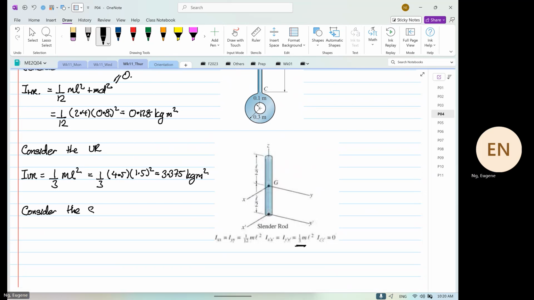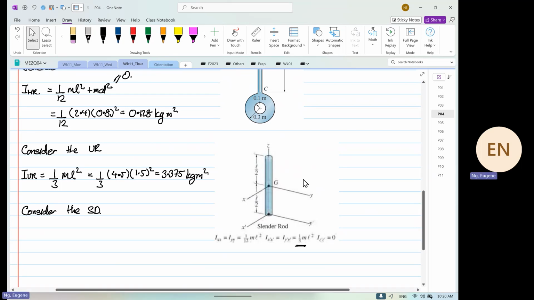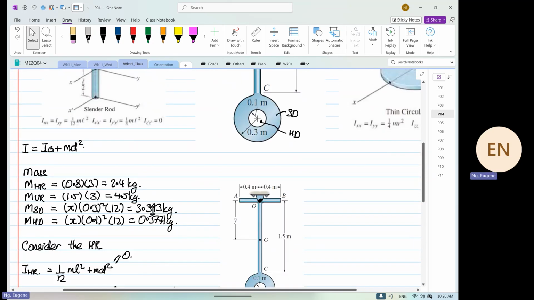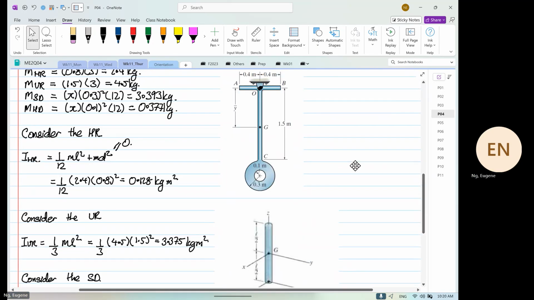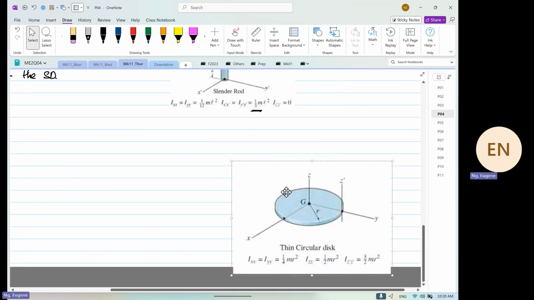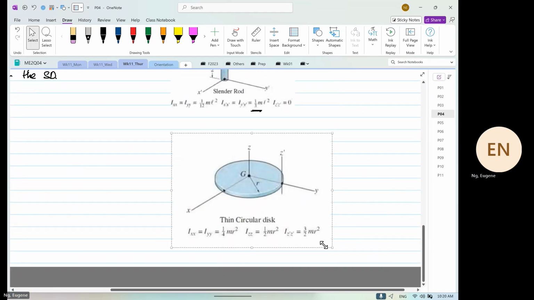Then the next thing we're going to consider is the solid disk. For the solid disk, we have to use this diagram over here.